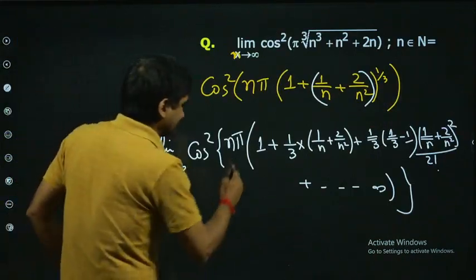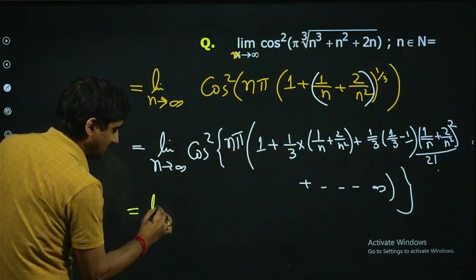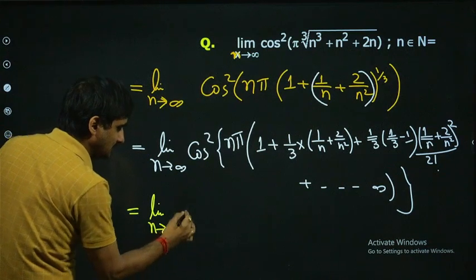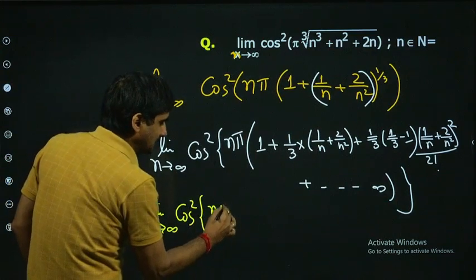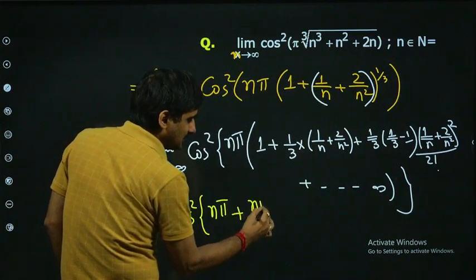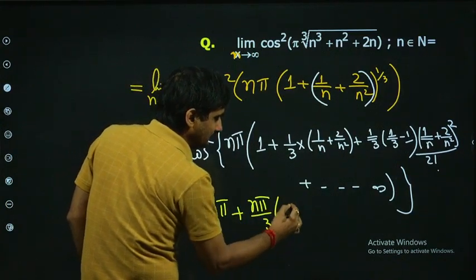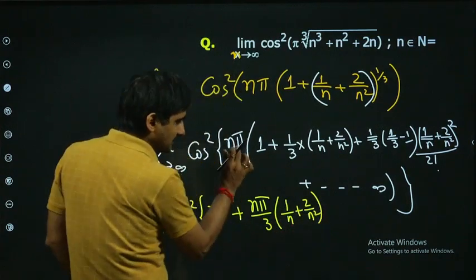Now what? See, now this is n pi. So I will write it as limit as n tends to infinity cos square of n pi plus ये बाहर ले लिया, and then this is n pi by 3 into 1 by n plus 2 by n square. I'm taking n pi inside.